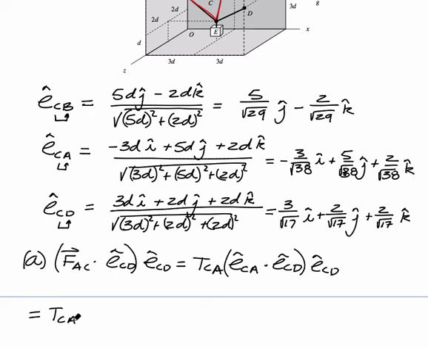The first dot product is going to be, I guess I should probably write this out to make sure I don't make any mistakes here.